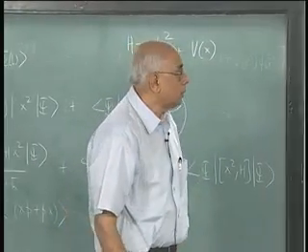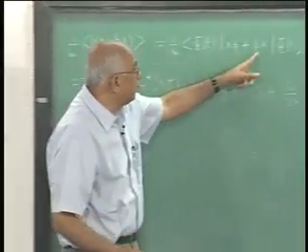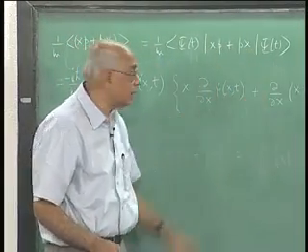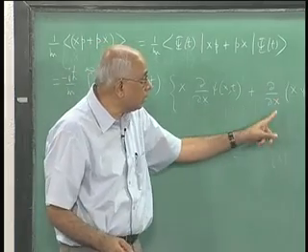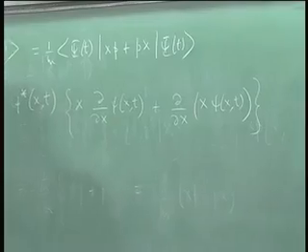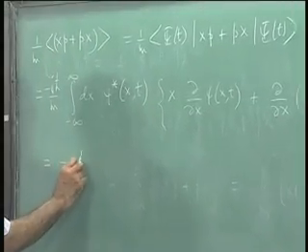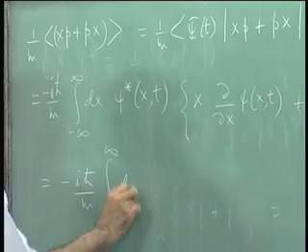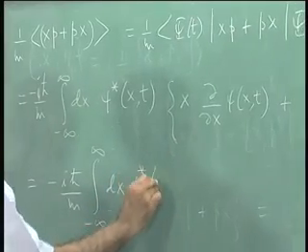And I have no choice, this p is to the left of this x operator, so it acts on everything on its right hand side, and there is a d over dx, a gradient with respect to x, of everything to its right on this side. Well, what does that become? That becomes minus i h cross over m, integral from minus infinity to infinity dx psi star of x.